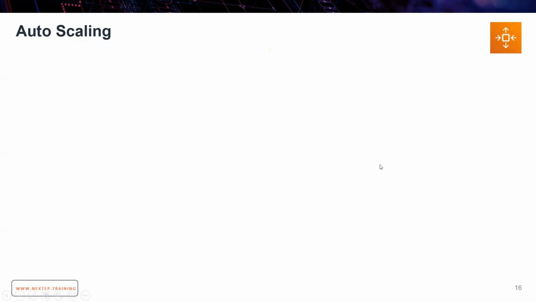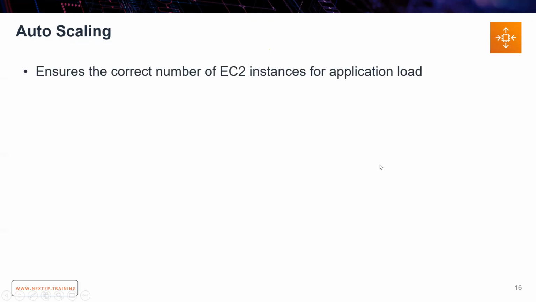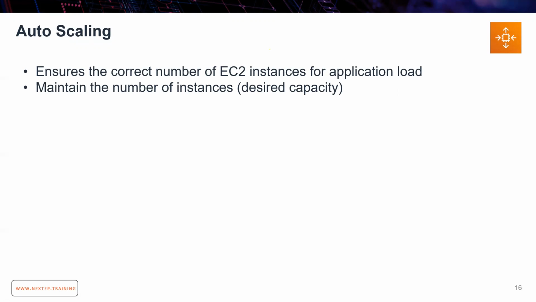So auto scaling ensures the correct number of EC2 instances for your application load, so that you don't have to undercapacitize or overcapacitize. It just maintains the number of instances. It's called the desired capacity. This is the most fundamental thing. Let's say you know that your load is static.